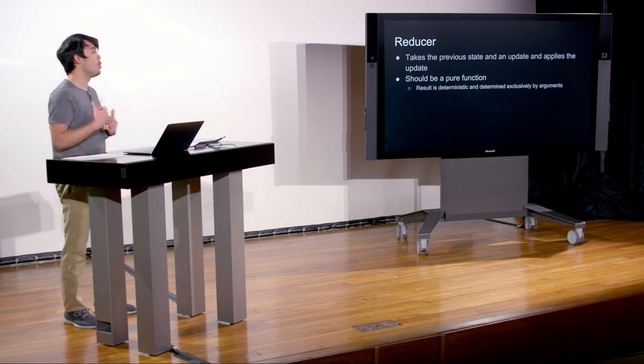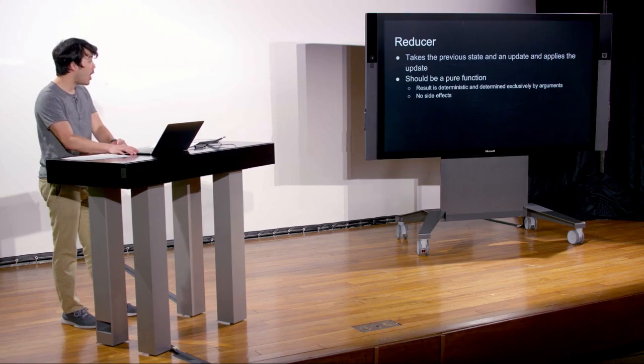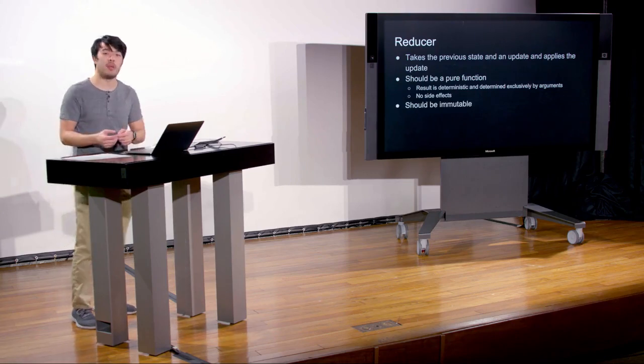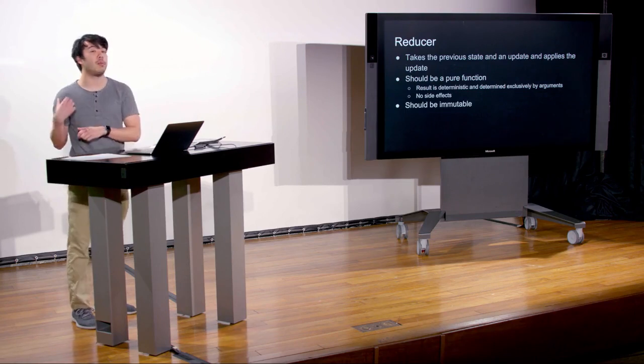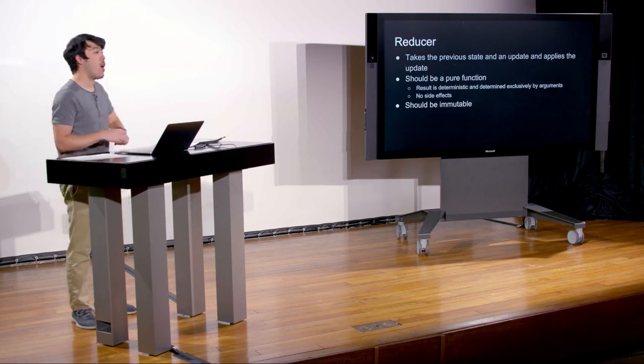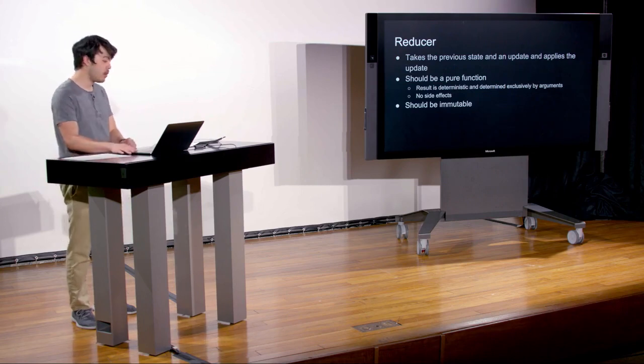And it's determined exclusively by those arguments. And there are no side effects. So no logging, no changing variables, no doing anything like that. No changing variables outside of its own scope, that is. It should be immutable. We've talked about immutability in previous lectures. So it should always return a new object. The keys in the object might not change, but the object reference itself should change.